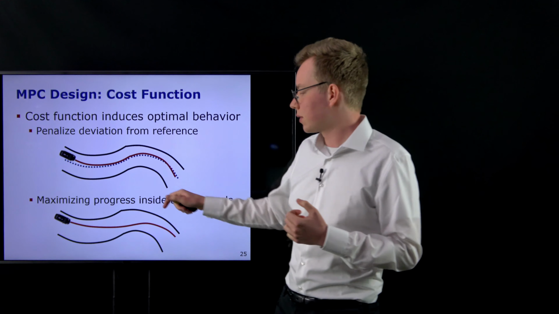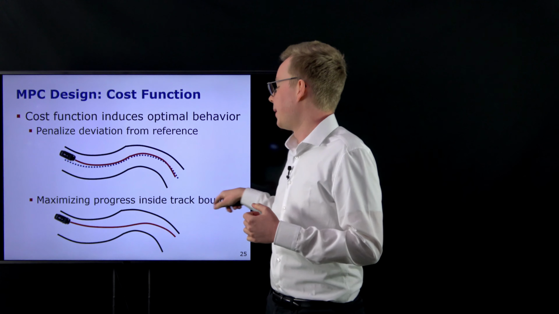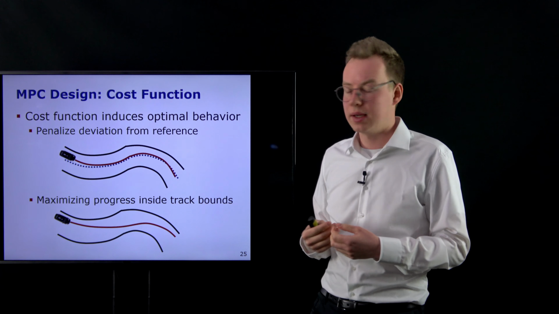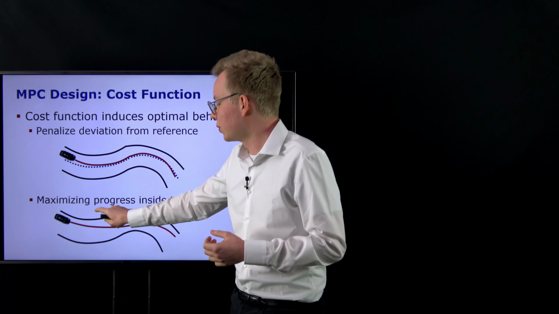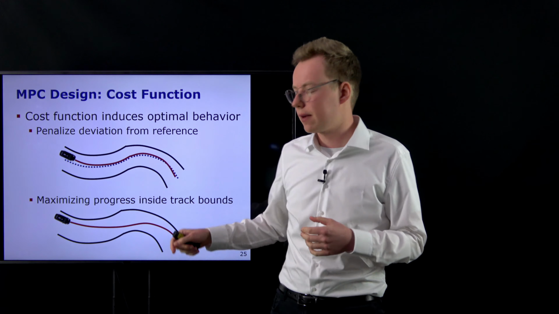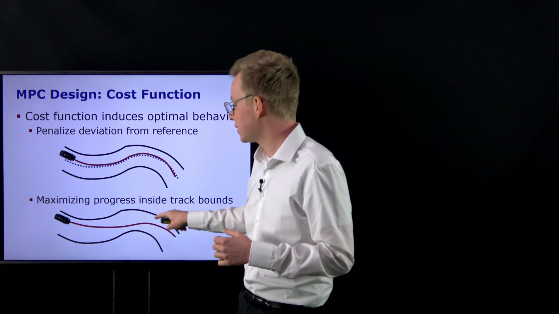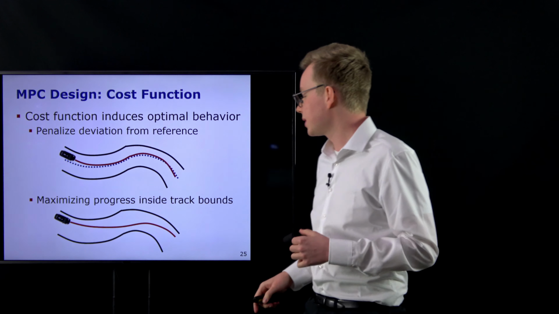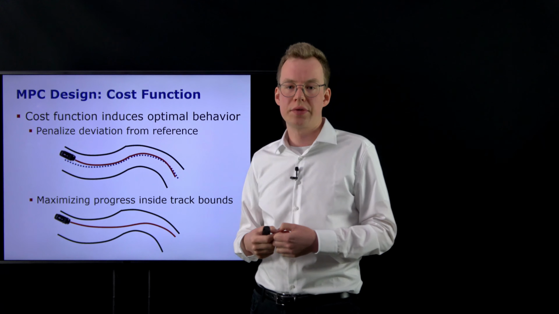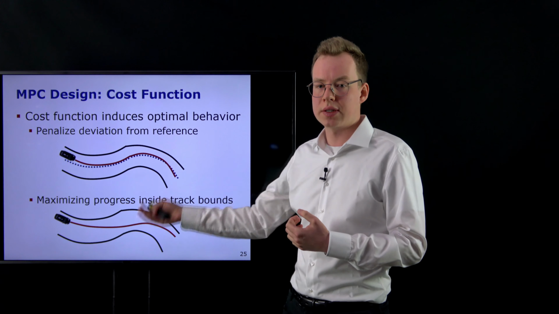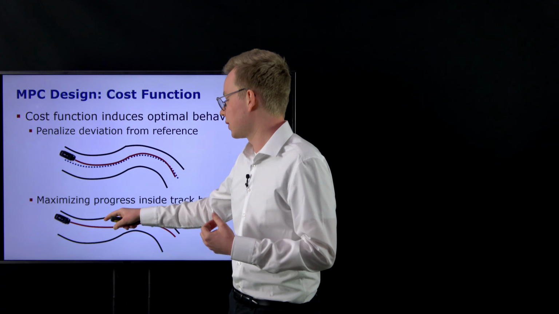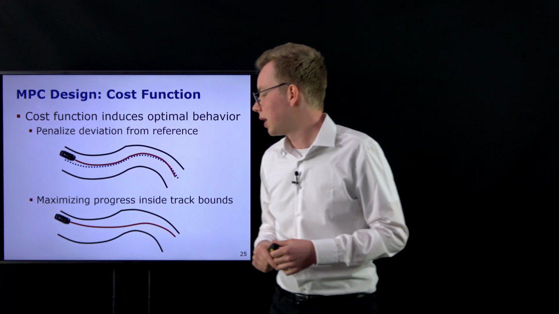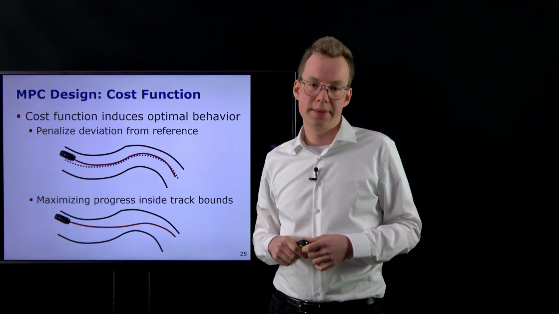In that case, if we want to drive fast, a better formulation of the task is that we just include the track bounds as constraints. So we say that all these positions, so all the states that we consider, must be within the track bounds, and then we only use the cost function to encourage progress along the track. So, for example, we have a penalty for low velocities.